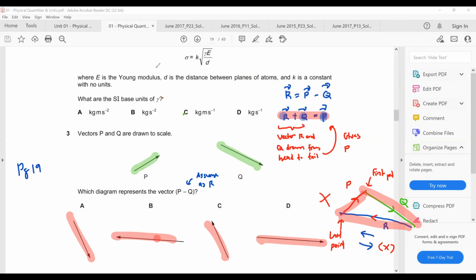So what you can do is something like this. What if your P is like this? P is like this, but your Q is like this. Wait, am I doing this? Oh, sorry.